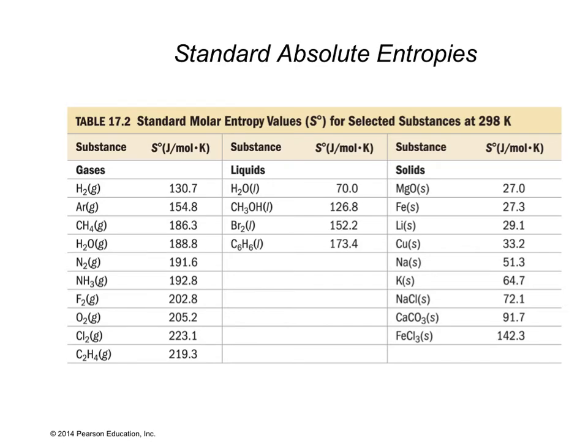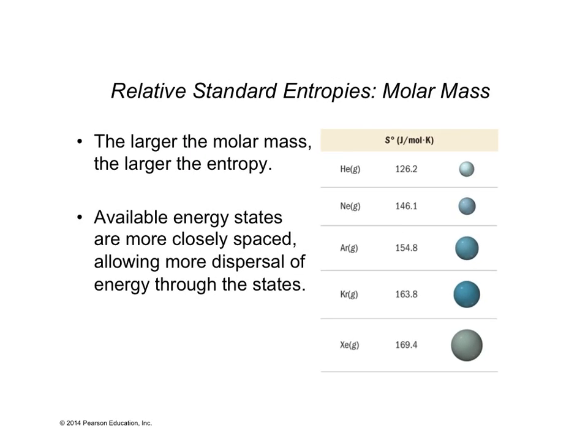Okay, so I just want to talk about a couple of trends that we don't have to go back to the appendix for, that we can just kind of get a relative idea about, just understanding a couple of different properties with respect to entropy, okay? So the first little trend that we're going to look at is what happens to entropy as we increase molar mass. So if we looked at the noble gases, for example, as we go from helium all the way to xenon, what's happening to the molar mass of the gas?